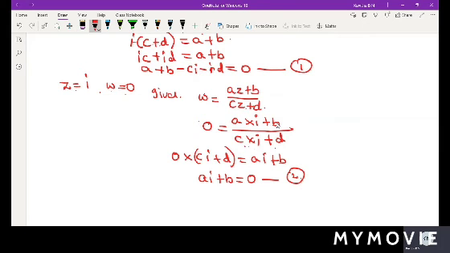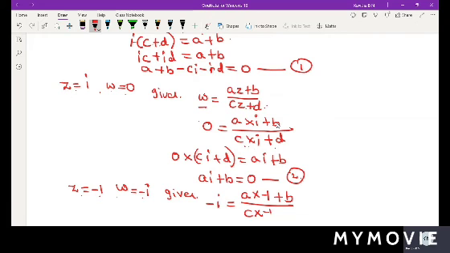Then, okay, completed? Then take down z is equal to minus 1 and w is equal to minus i. Take down the bilinear transformation. In place of w, substitute minus i, is equal to a in place of z, substitute minus 1, plus b, whole divided by c into, in place of z, substitute minus 1, plus d.